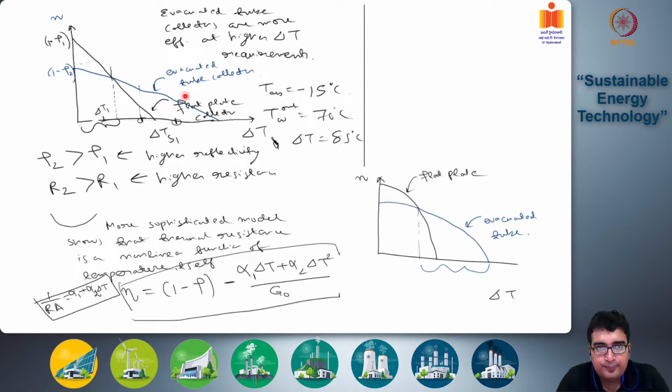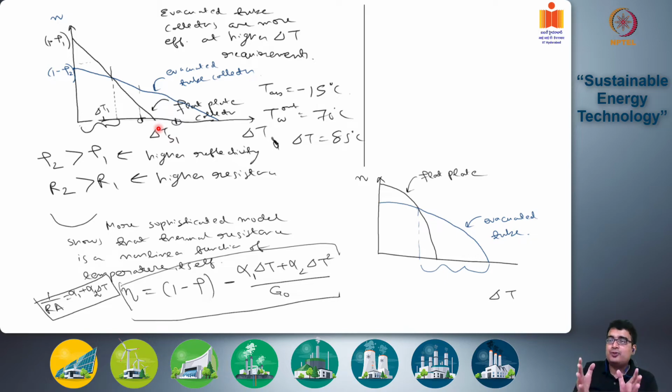And also because your resistance is higher, you have a much higher stagnation temperature for an evacuated tube collector compared to the flat plate collector. So your absorber plate and your heat transfer phase change fluid can be heated up to much higher temperatures compared to your flat plate collector absorber plate.